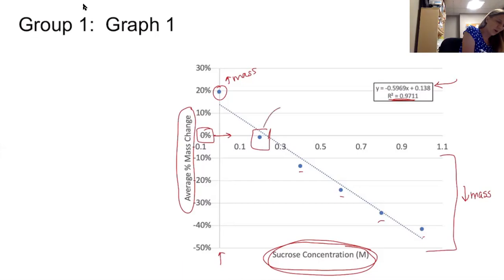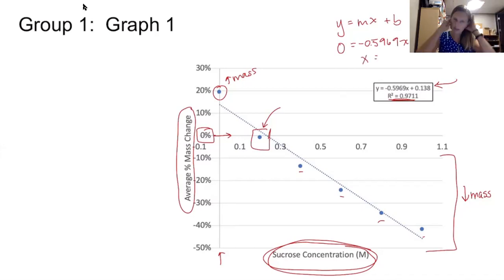And then we use our y equals mx plus b, right? We want the y to be 0. So we're going to plug 0 into this equation, 0.5969 x plus 0.138. You solve for x. That gives you the x coordinate.